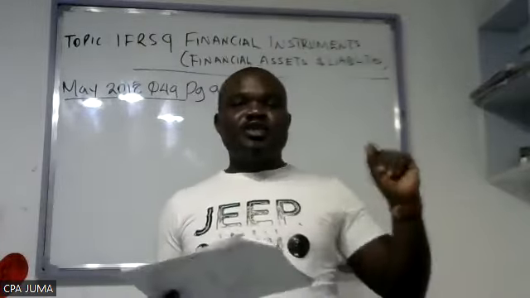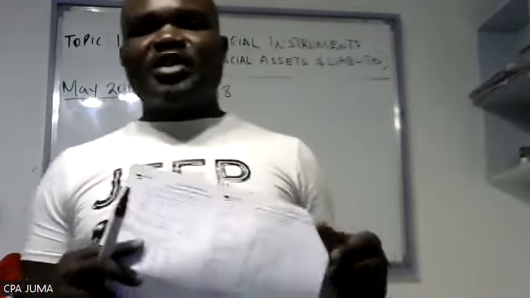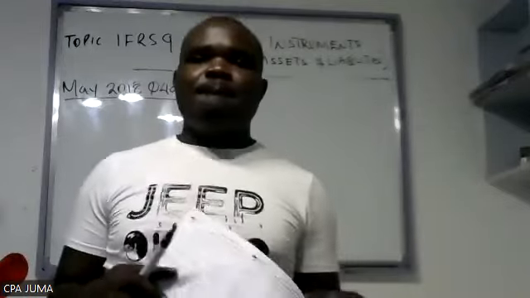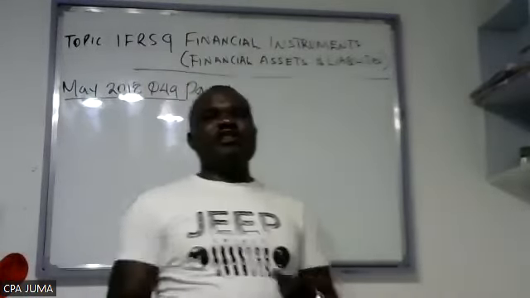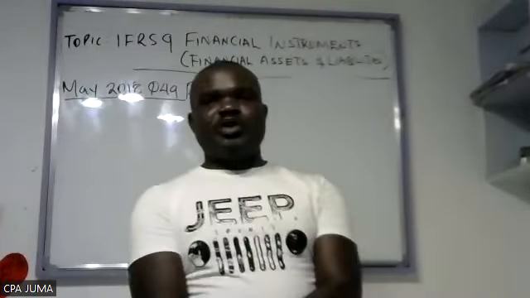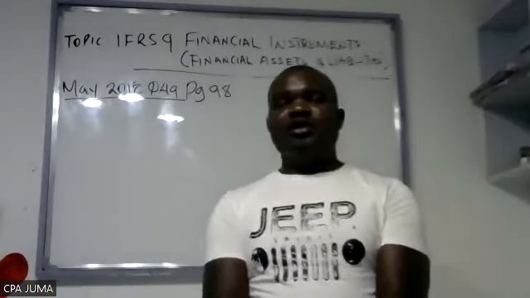They are saying it is not designated through profit or loss. So it means it is designated at what? If they say it is not designated through profit or loss, that one means it is designated through what? Someone?